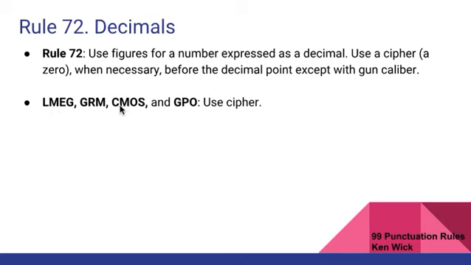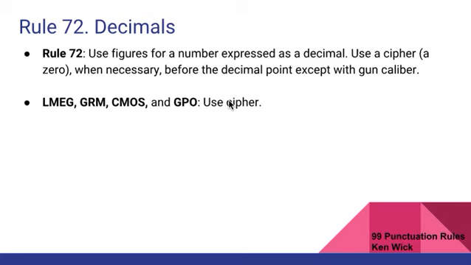So the LMEG, GRM, CMOS, and GPO use the cipher. I think the basic thought is if you don't have the cipher and you just have a decimal point, the decimal point can get lost in the reading. And I know going back a few rules, do you use a cipher with a dollar amount? Some said yes and some said no. I think there are some style guides that like to always use a cipher for consistency.